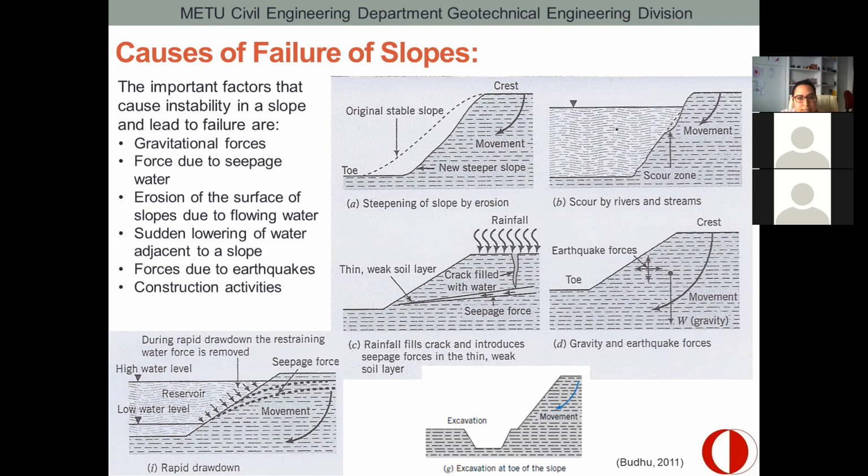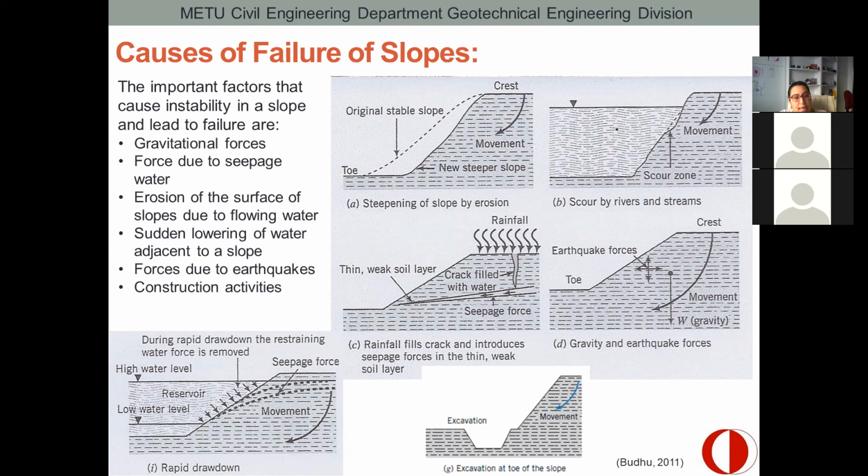In order to understand that, we need to calculate the resisting forces and the driving forces. If the resisting forces are smaller than the driving forces, the slope will fail. And for gravitational slope failure cases, the driving force is the weight of the slope itself.